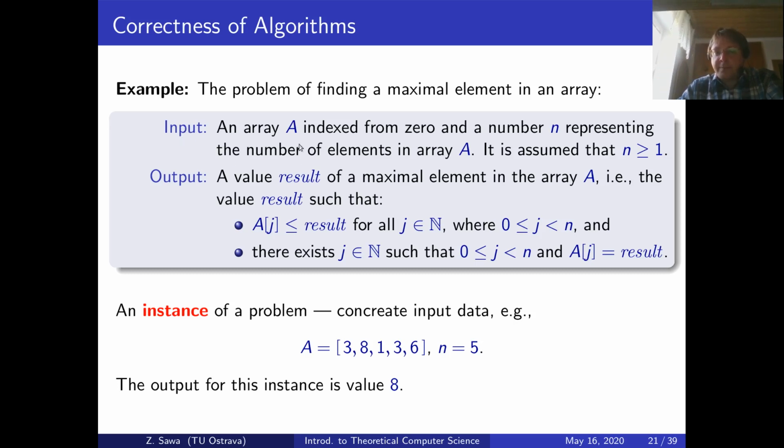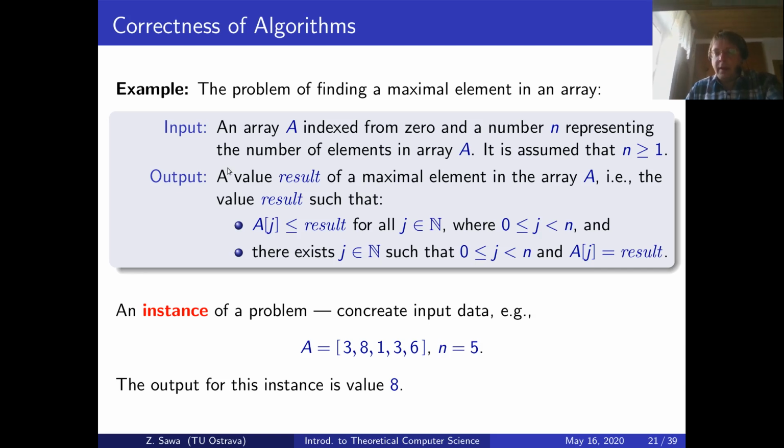It allows many different arrays, of different lengths containing different values, and one particular example of this input is an array A consisting of values 3, 8, 1, 3, 6, where variable n has value 5. This particular input data is called an instance of this problem.